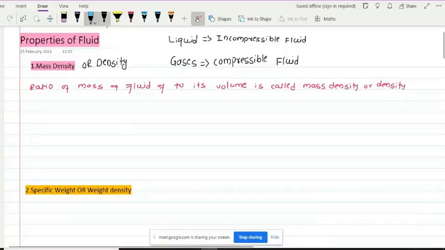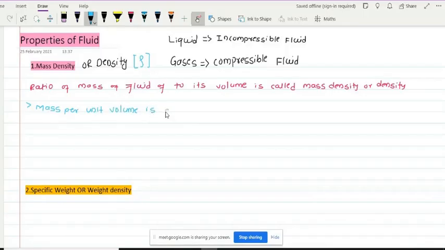It is denoted by a Greek letter, rho. Symbol of density is rho. It is also defined as mass per unit volume. Mass per unit volume is called density.